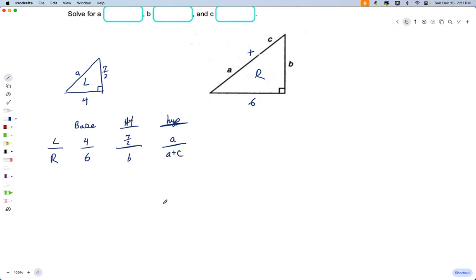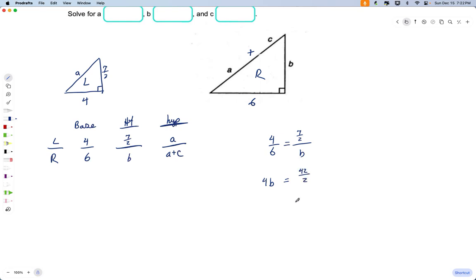So what we need to do is we need to figure out, first of all, we could probably do this pretty easily. Let's do that one. Let's do 4 over 6 is equal to 7 over 2 over B. So that's 4B is equal to 6 times 7 is 42 divided by 2.